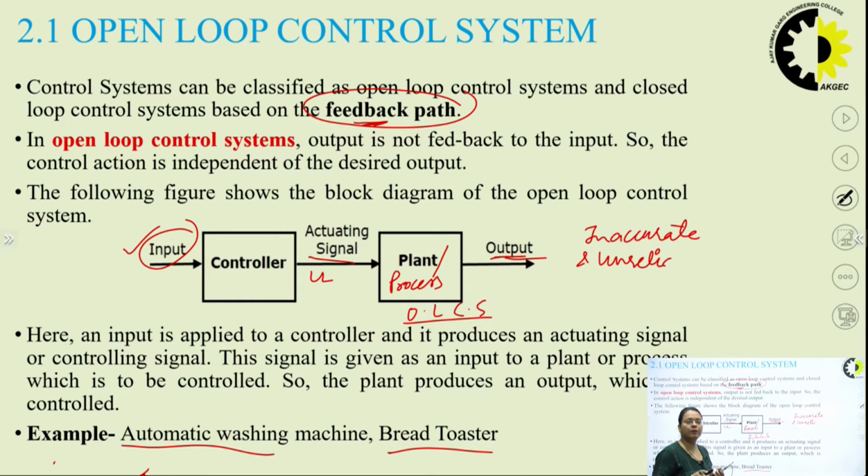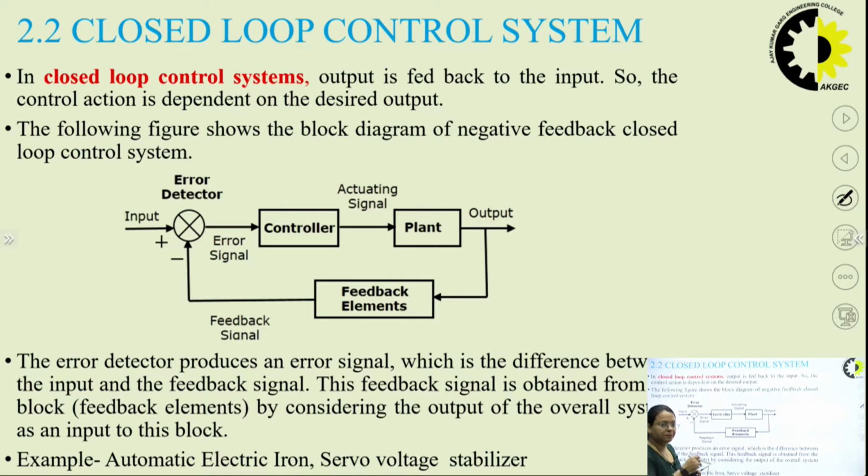While in a closed loop control system, the error will be generated again and again, so we can modify and improve the quality of the output. That's why this closed loop system is accurate and reliable as compared to the open loop system, right? In this closed loop control system, the feedback portion of output, or the output, is fed back for comparison with the reference input.